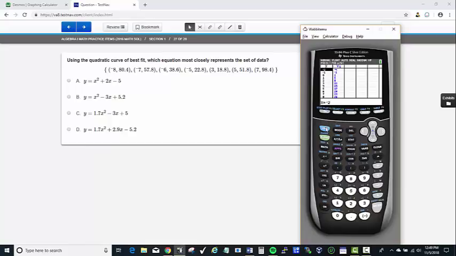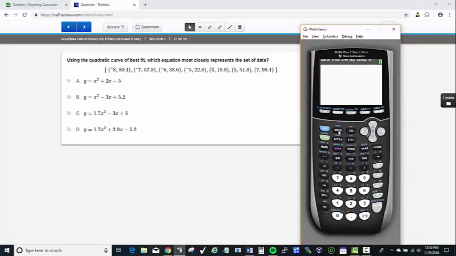Let me clear this out. Second thing is go to your mode key and scroll down to where it says Stat Diagnostics. Turn them on. Enter, quit.